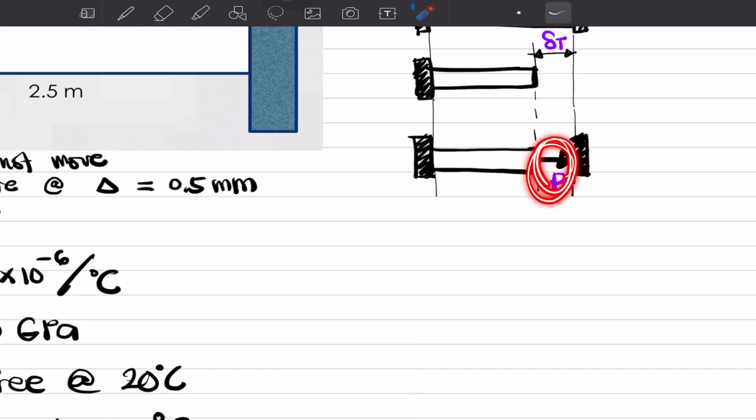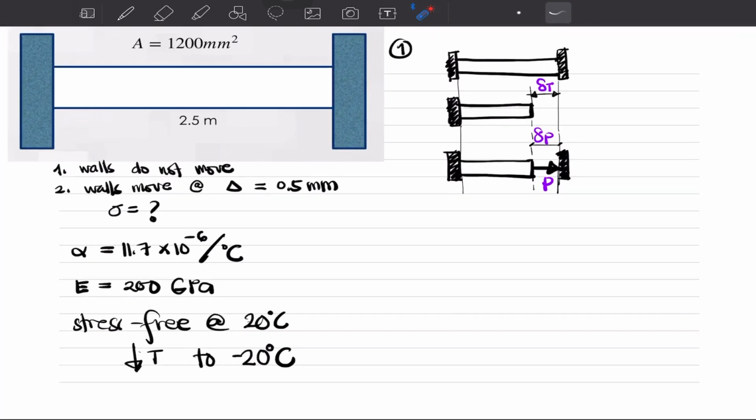As a result of exerting a force, there is another deformation due to the load that you applied. So, based on the figure, we can see that the deformation due to the change in temperature is equal to the deformation due to the load that you applied.